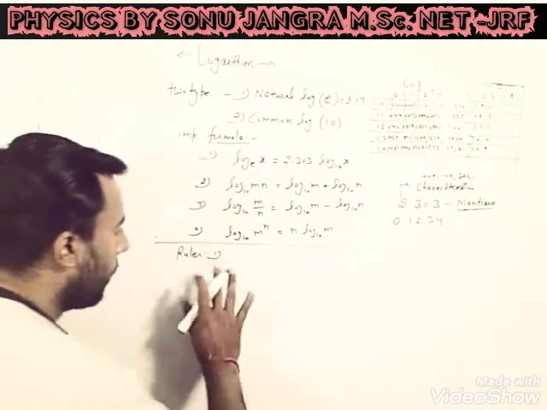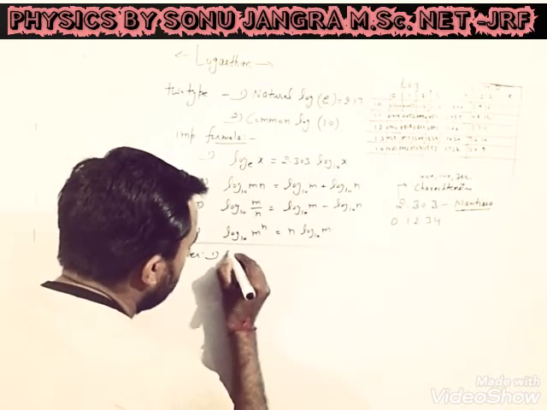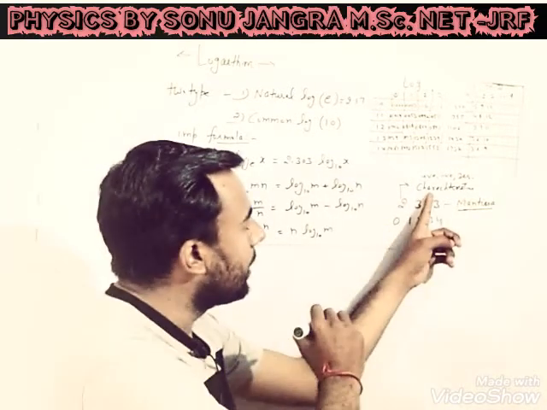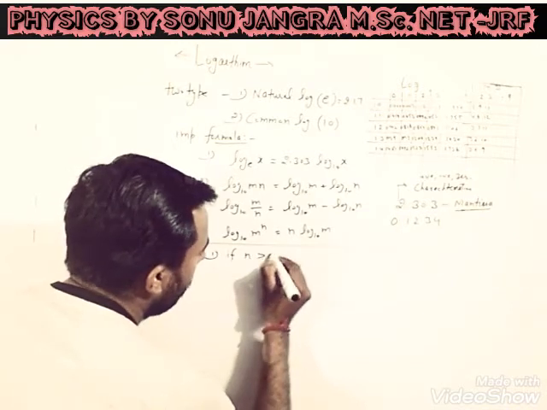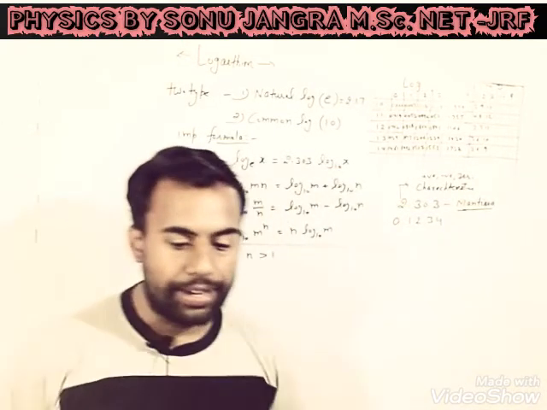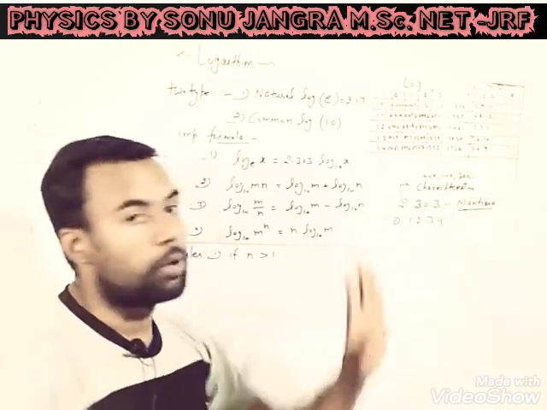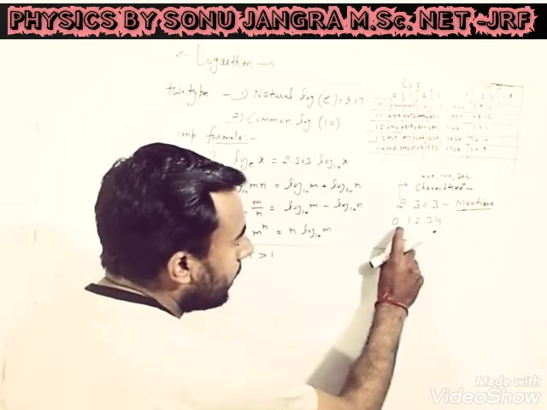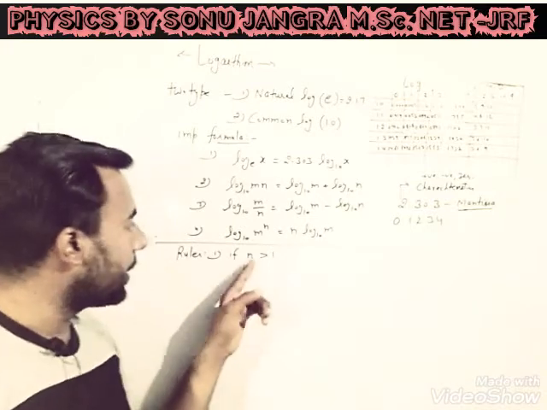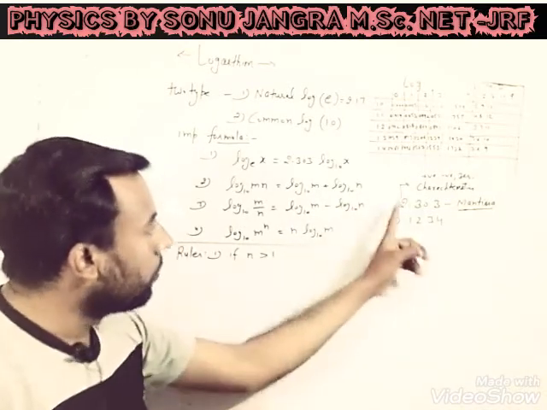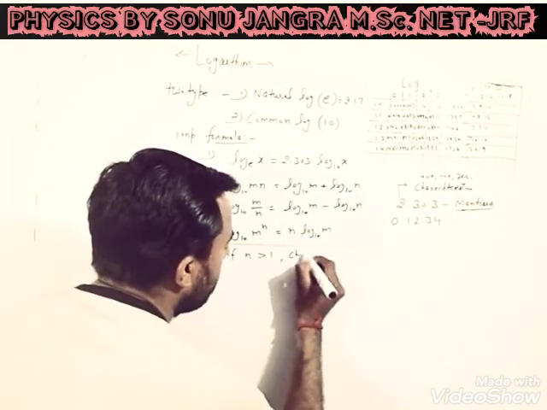Now we discuss the first rule. Suppose the characteristic is n, where n is any number. If n is greater than 1, it means the characteristic is positive.